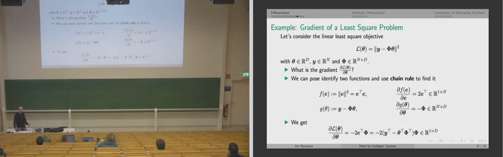Least square means we are minimizing the square, so the least square problem is the minimum of that guy for theta. So it means that we are given y and we are given phi. What is then the solution of the least square problem? What is the theta that minimizes the square distance between those guys?